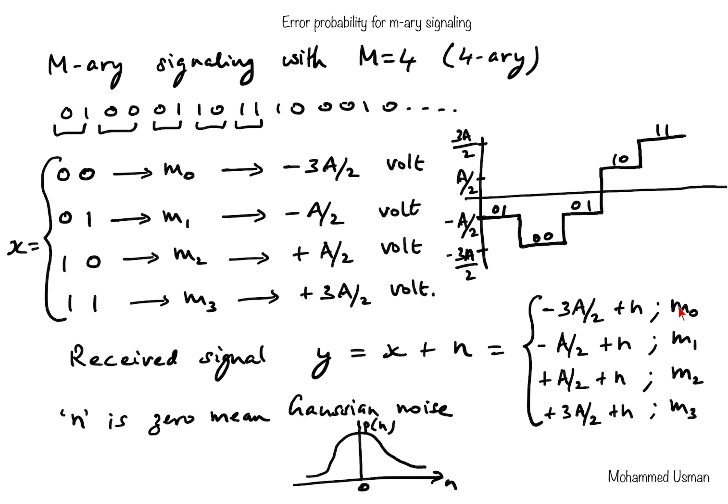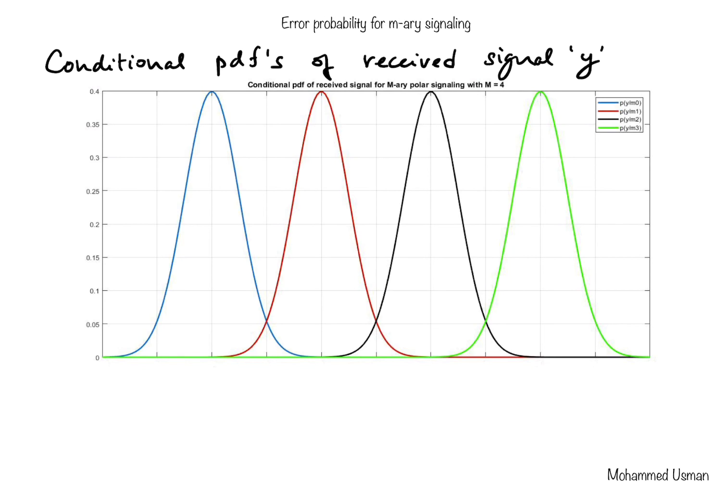Because for M0 we are transmitting a voltage level of minus 3A by 2, this noise PDF, which was centered on 0, will get shifted and centered on minus 3A by 2 whenever M0 is transmitted. So the blue PDF is the conditional PDF P of Y on the condition that M0 is transmitted.